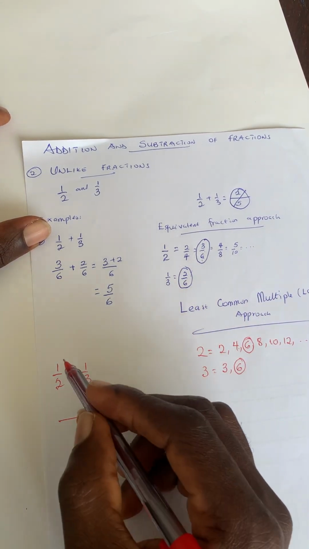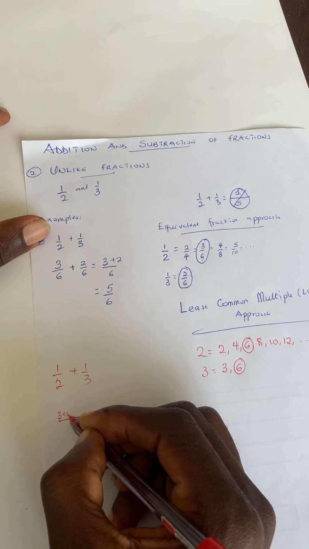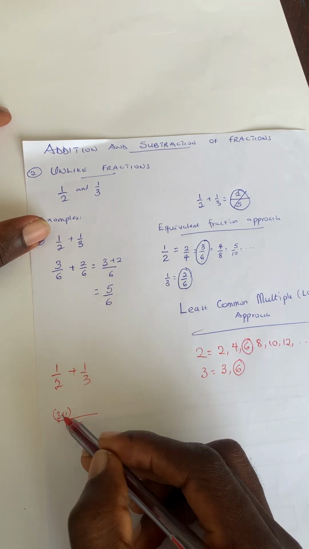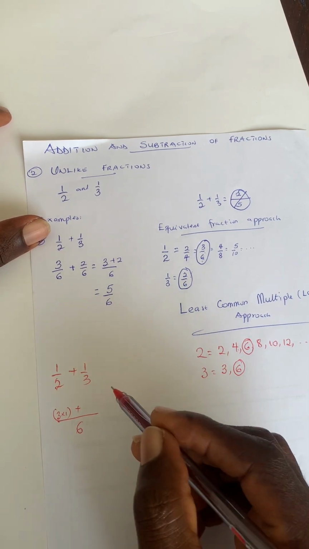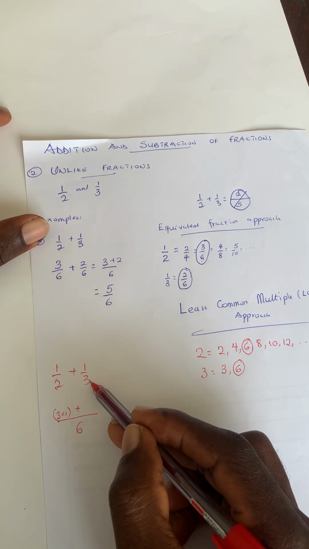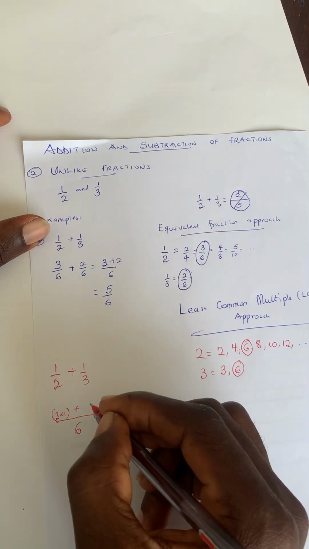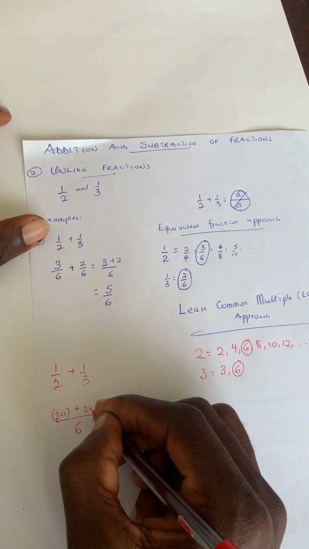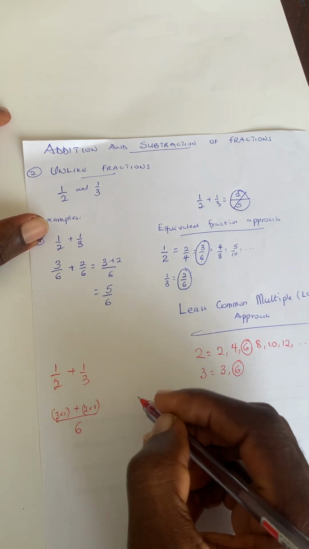So we multiply the 3 by the numerator here. So we get 3 times 1. That is for the first fraction. Plus, then take the second fraction. We check the number of times 3 will divide 6, and that is 1, 2. So 2 times. So multiply 2 by its numerator, which is also 1.